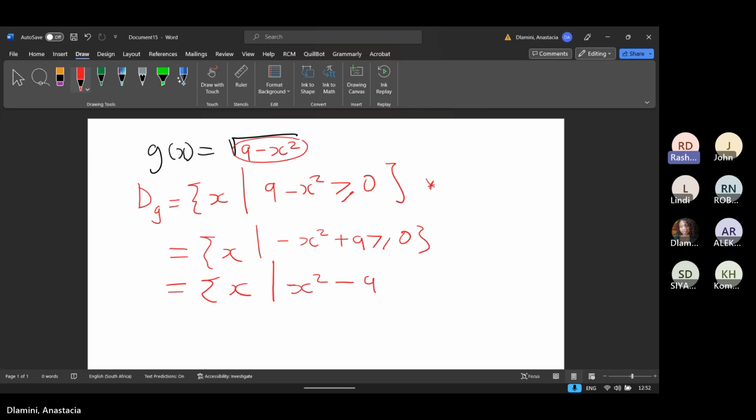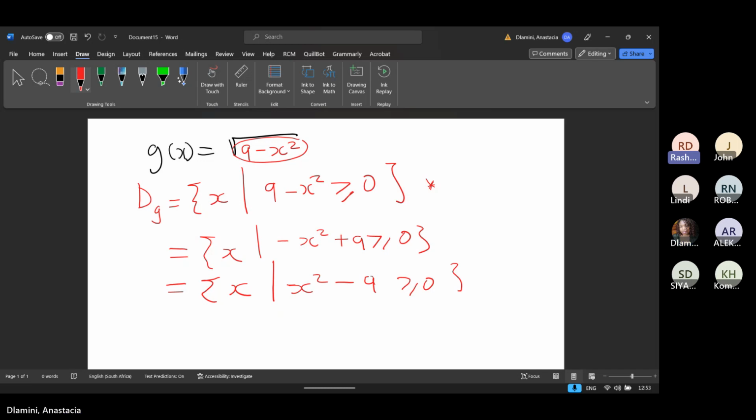Open bracket x. Before that, isn't it that we multiply by negative 1? Yes, so we have x squared minus 9 greater or equal to 0. True or false?